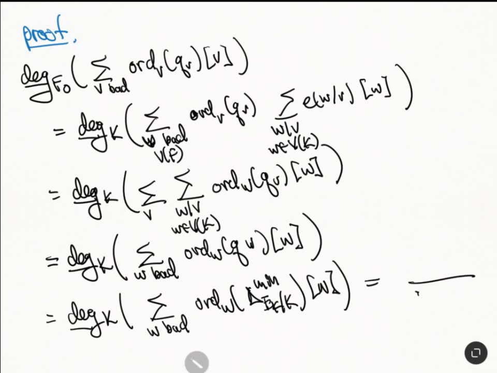So the bottom is just the degree, and then the top is the log of the minimal discriminant, like so. So this is just an elementary computation. Okay.